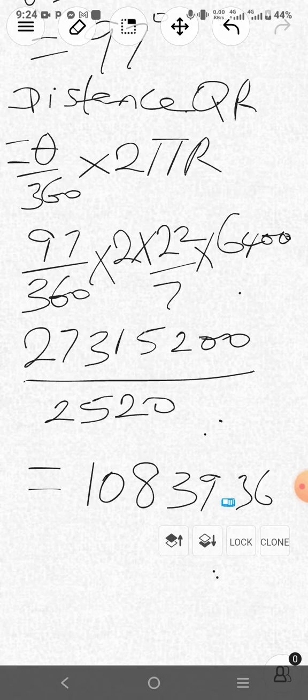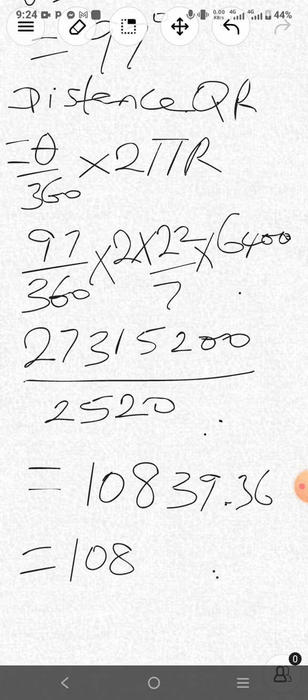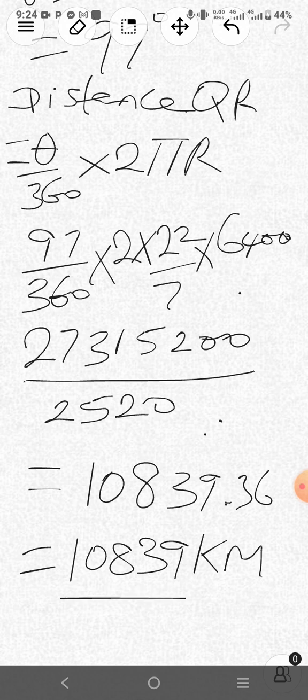But we are told that we should calculate to the nearest kilometer. So to the nearest kilometer we have 10,839 kilometers. So this is the final answer.